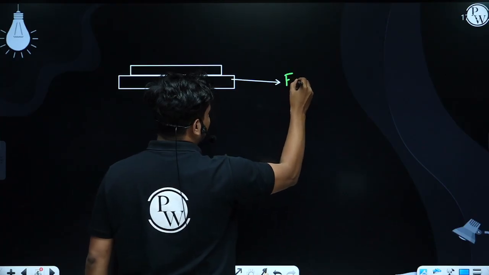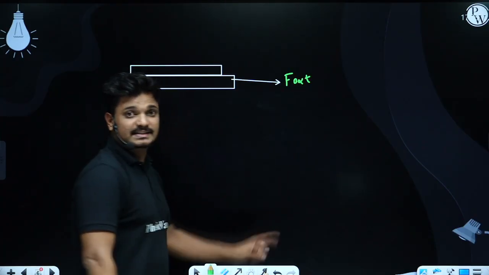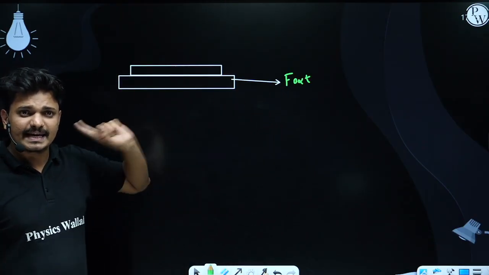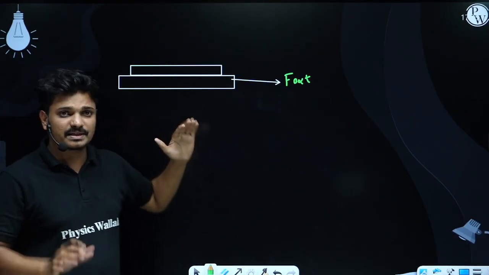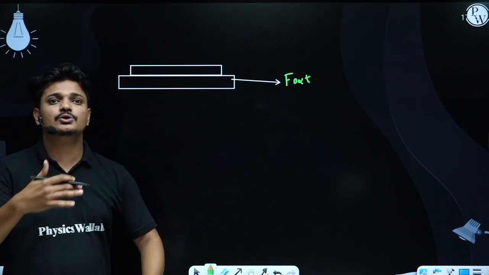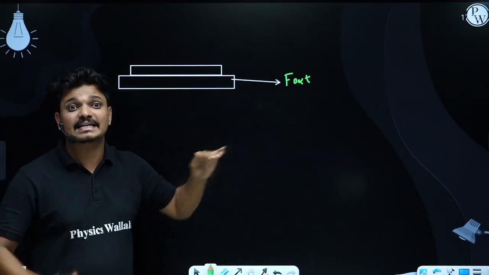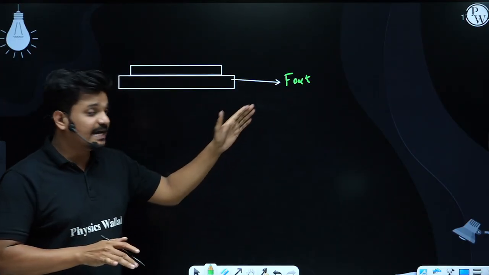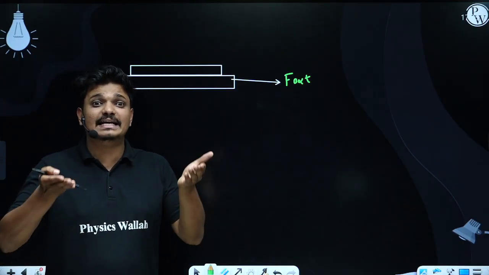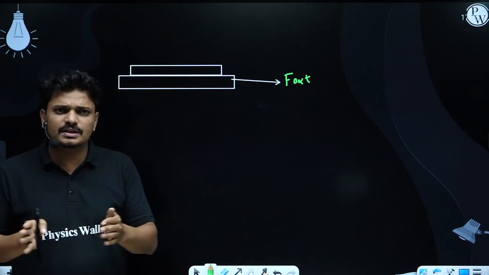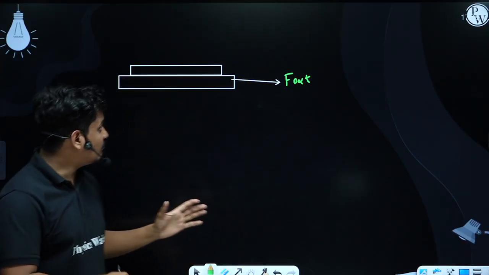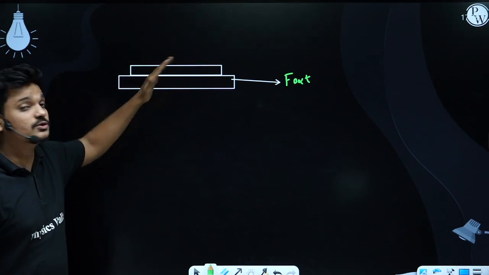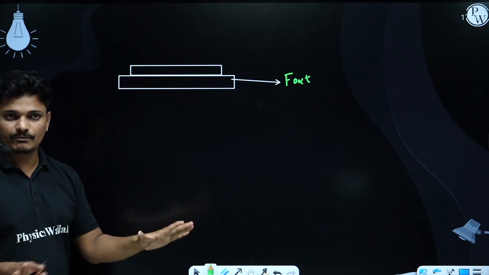This is our external force applied on the bottom block. Initially, we know the system is at rest. Then I am going to apply the external force in such a way that this external force keeps on increasing linearly from 0 to some extent. So at that time we are checking what happens to the motion of these two blocks. So that is our today's aim.